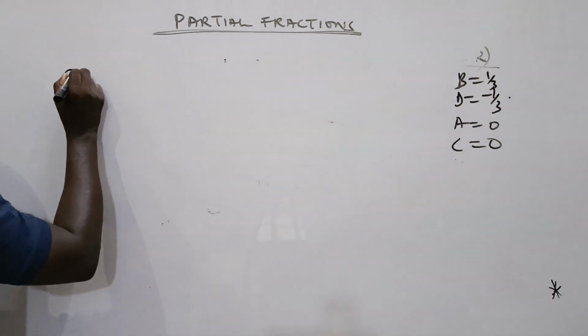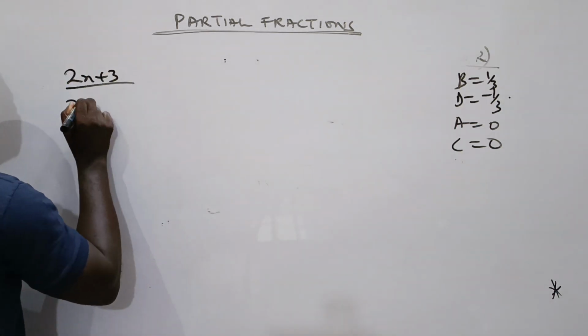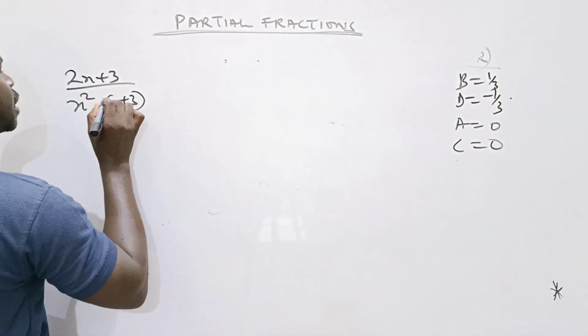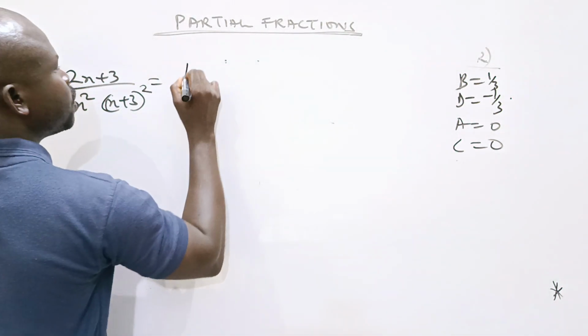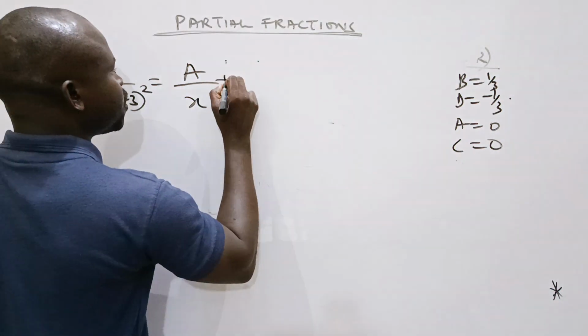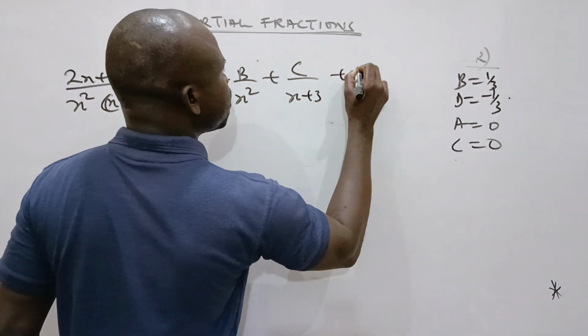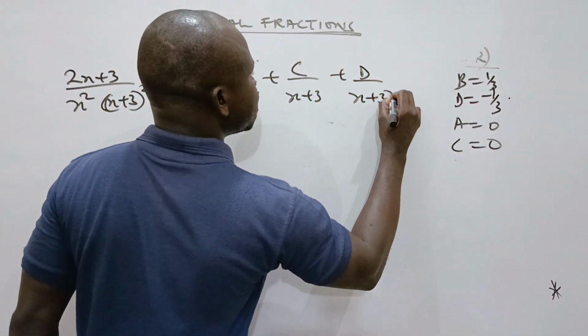Here I have 2x plus 3 all over x squared times x plus 3 squared. We write this as a over x plus b over x squared plus c over x plus 3, then plus d all over x plus 3 all squared.